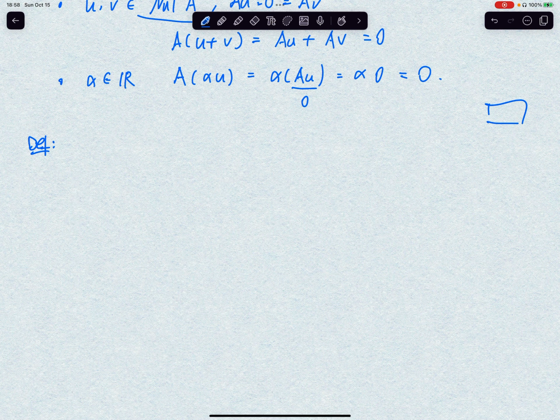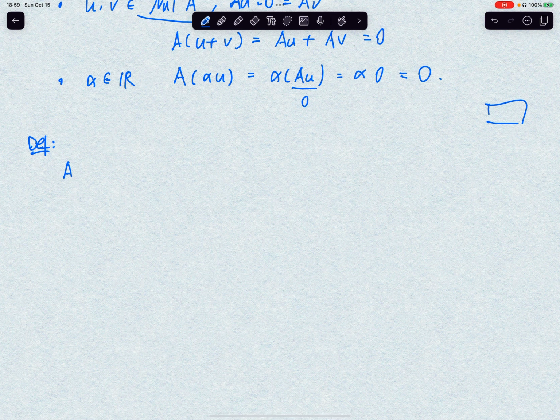And note that since Rn is a subspace of itself, a basis for a subspace of Rn is obviously also a basis for Rn. So let us write this down.